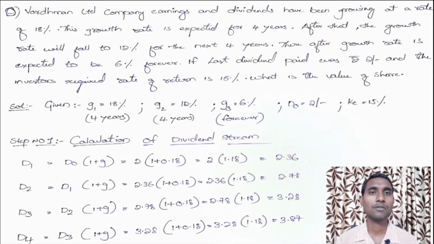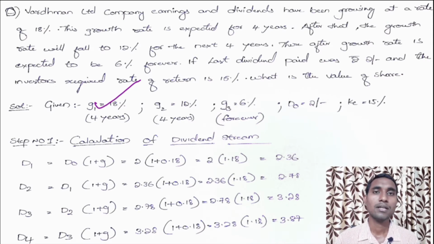So this is one growth rate. This growth rate is expected for 4 years. This is the first growth rate, termed G1, and it is 18% for 4 years.